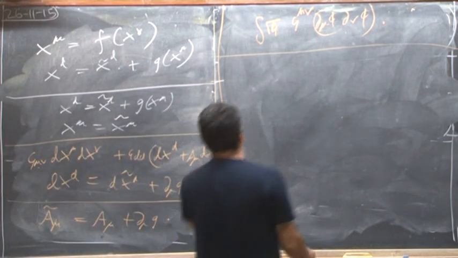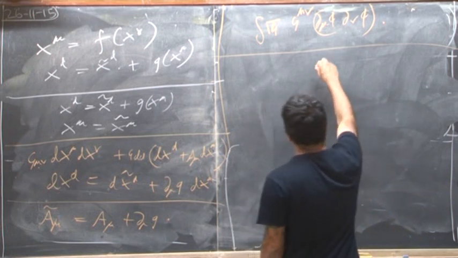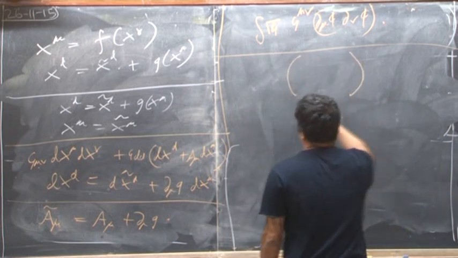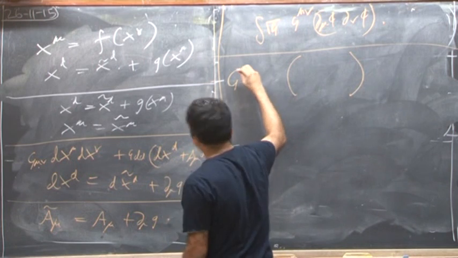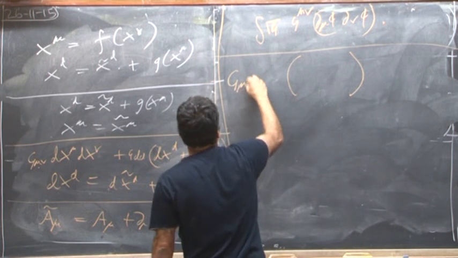Okay. So what's the structure of G? The structure of G_MN is this.